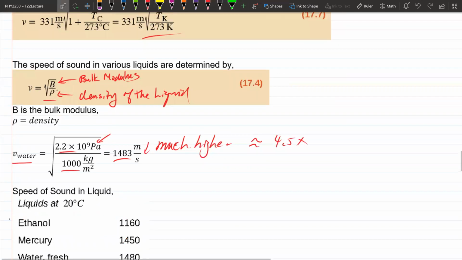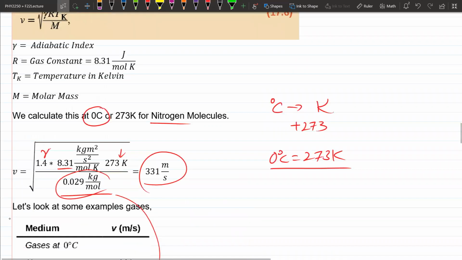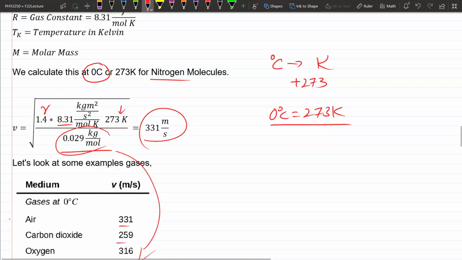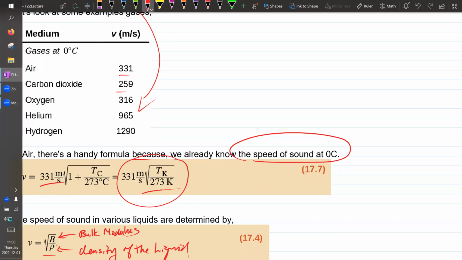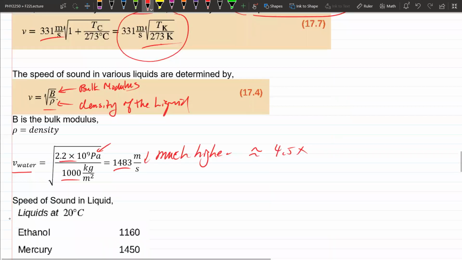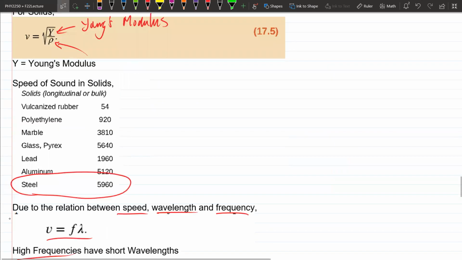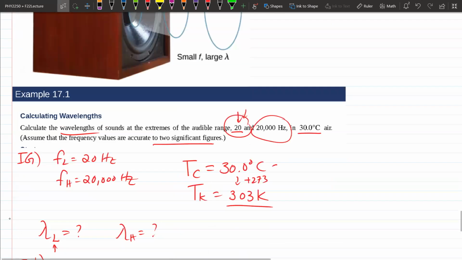We can either plug it into the longer equation up here, or use the semi-derived one, because we're just comparing it to the speed of sound at 0 degrees Celsius. Since I already converted to Kelvin, let's use this one: 331 times the square root of the temperature in Kelvin divided by 273.